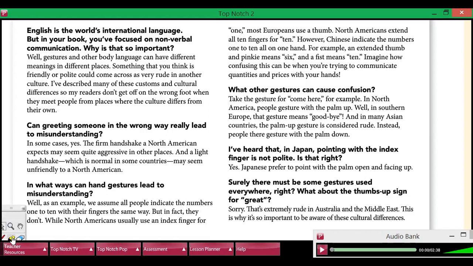You have 2 minutes, guys, to find a definition for this word, non-verbal communication, and also body language. You have 2 minutes to find what that is. Find out what it is. Non-verbal communication and body language.